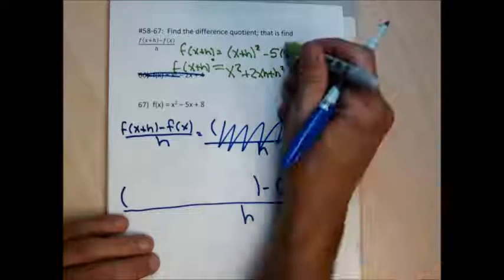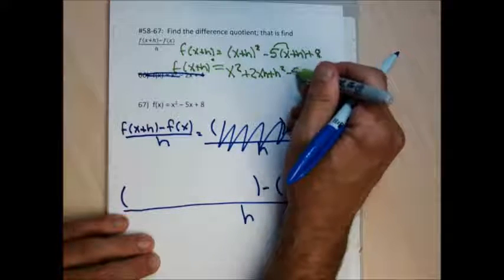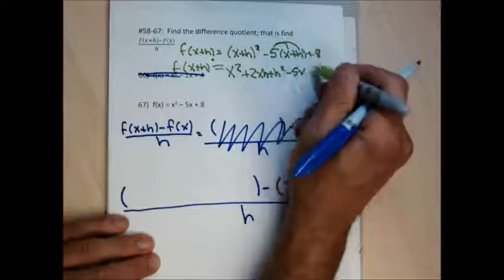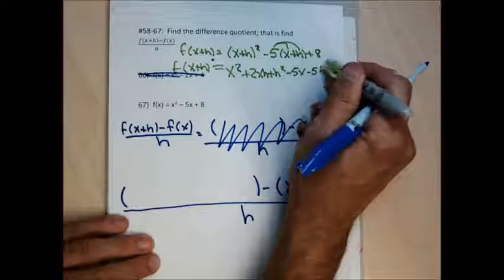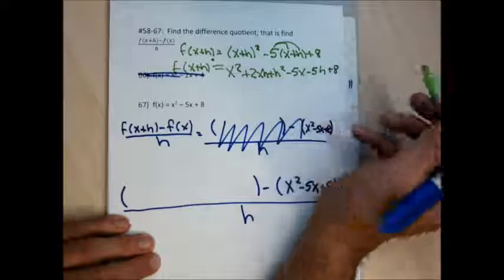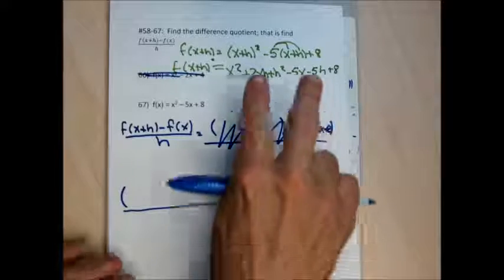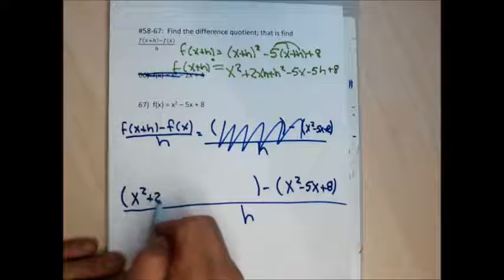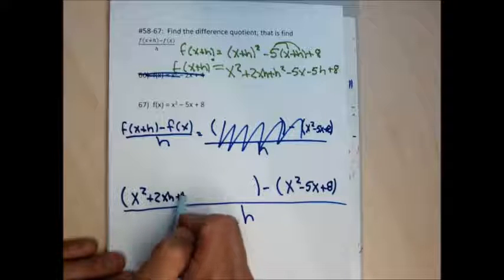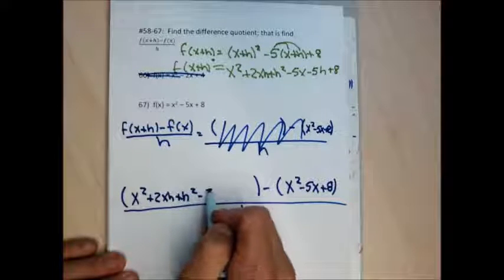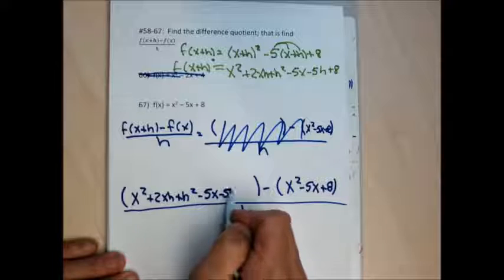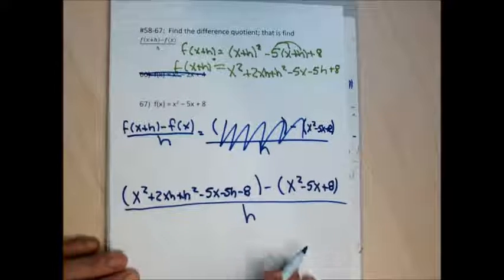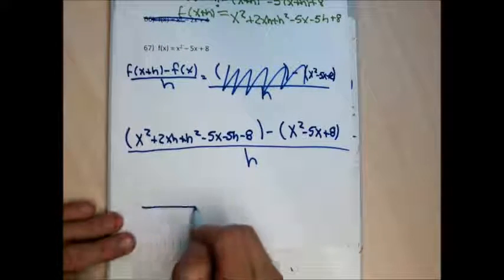Next parentheses, I go minus 5 times x, which is minus 5x, minus 5 times h, which is minus 5h, bring down the plus 8. That's what's going to go in my first parenthesis. So this I'm going to transfer to here and get x squared plus 2xh plus h squared minus 5x minus 5h plus 8.